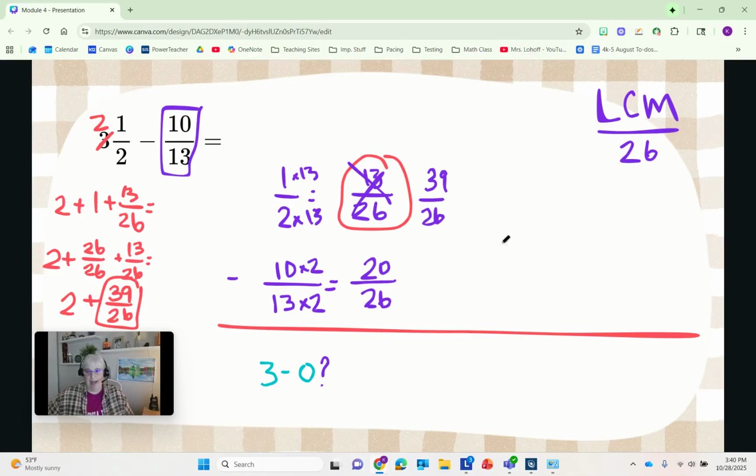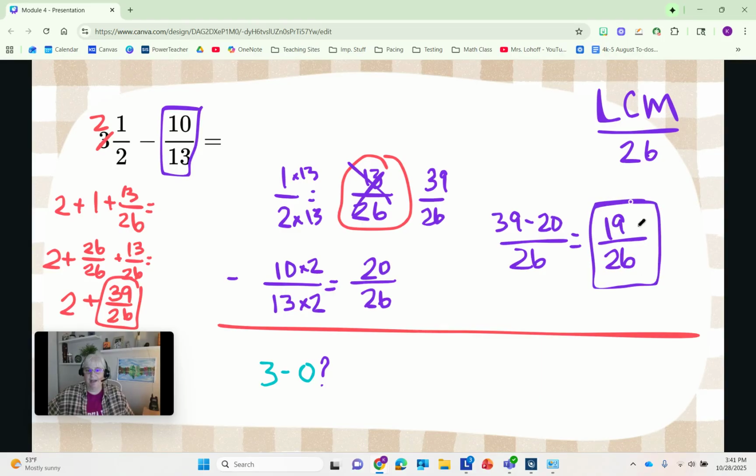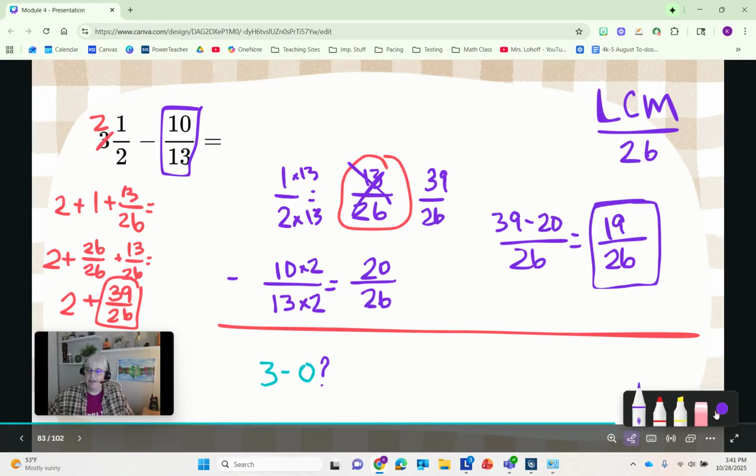Now we can subtract. We have 26 as our denominator, and we have 39 minus 20. All right, 39 minus 20 is 19 over 26. Now we can't reduce this. Now we have our fraction part done. We need to go back and subtract our whole numbers.